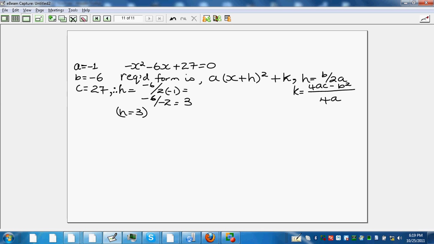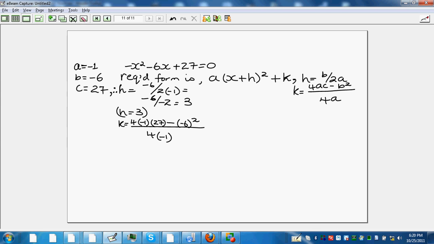Let us work out what k is. k is equal to 4 multiplied by a, which is minus 1, multiplied by c, which is 27, minus b squared, which would be minus 6 squared, all over 4 multiplied by a, which is minus 1.